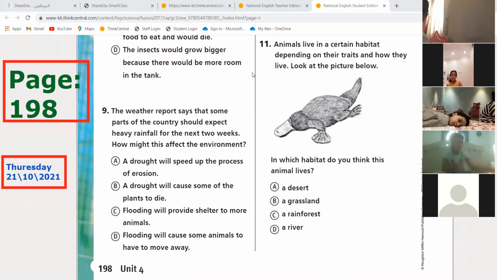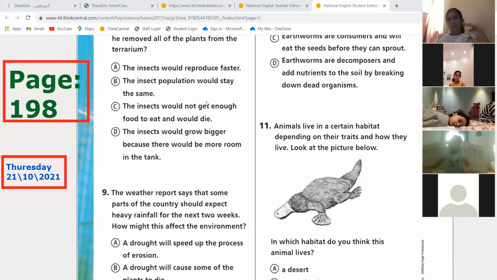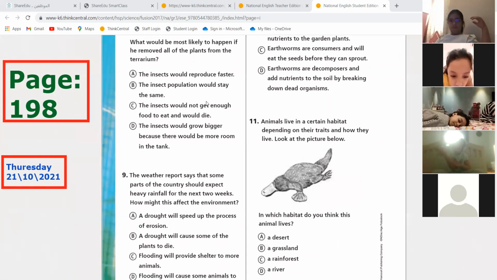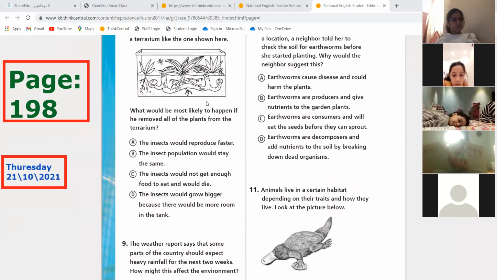Hi, Munia. Can you do number 9? But Miss, what is number 10? I didn't do it. You weren't here? I was explaining. You did not hear me, ya mama? Miss, we didn't make number 8, right? We did 8 and 10.